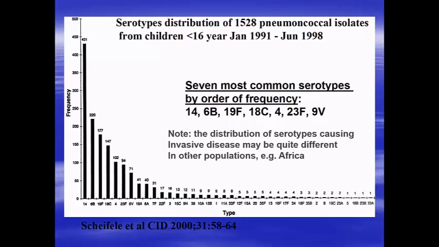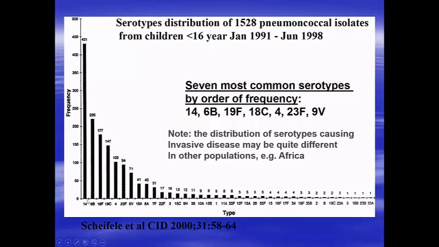Here's a graph representing all the different serotypes of pneumococcus and in order of which one causes most invasive disease. So in order of frequency, you can see 14, serotype 6b, serotype 19f are causing most of the disease. And so the strategy has been to target the most common ones.